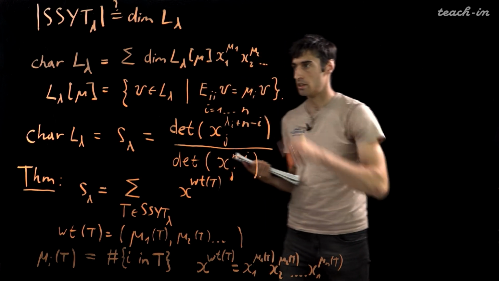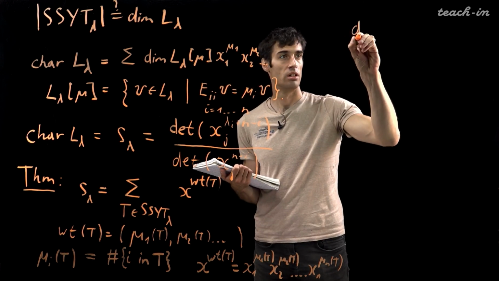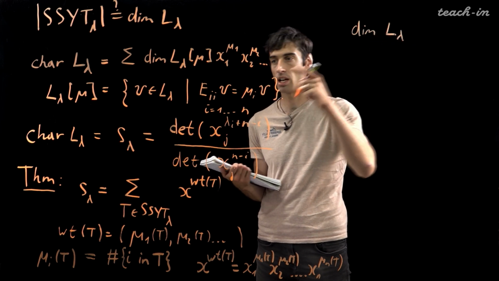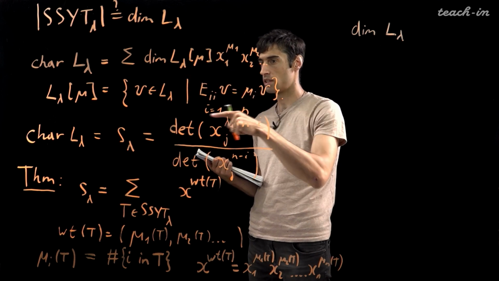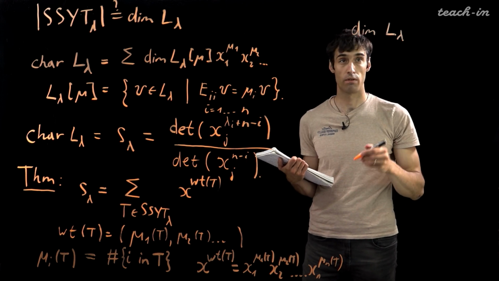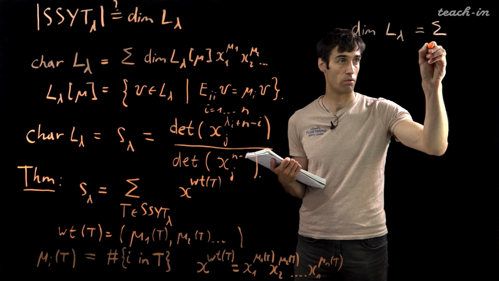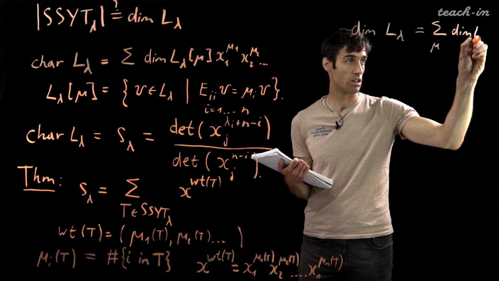Well, from this line, we know that the dimension of L lambda, right? L lambda is a direct sum of all its weight subspaces. So therefore, the dimension of L lambda is the sum over all mu of the dimensions of L lambda of mu.